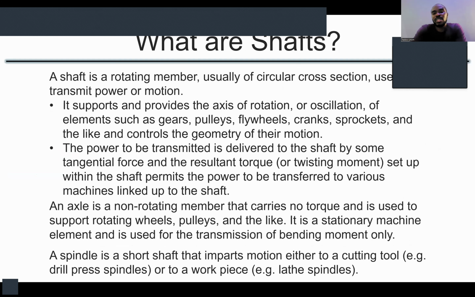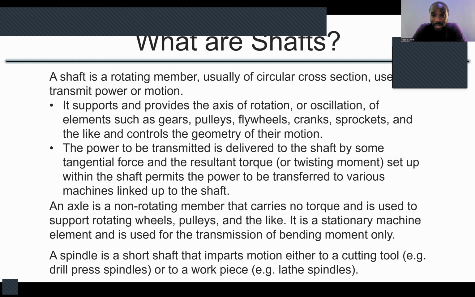So what are shafts? We define a shaft as a rotating member that is usually of a circular cross section. So if you take a plane and you cut the shaft transversely and look at the end, what you see should be a circle. Usually you could have some shafts that do not have a circular cross section.